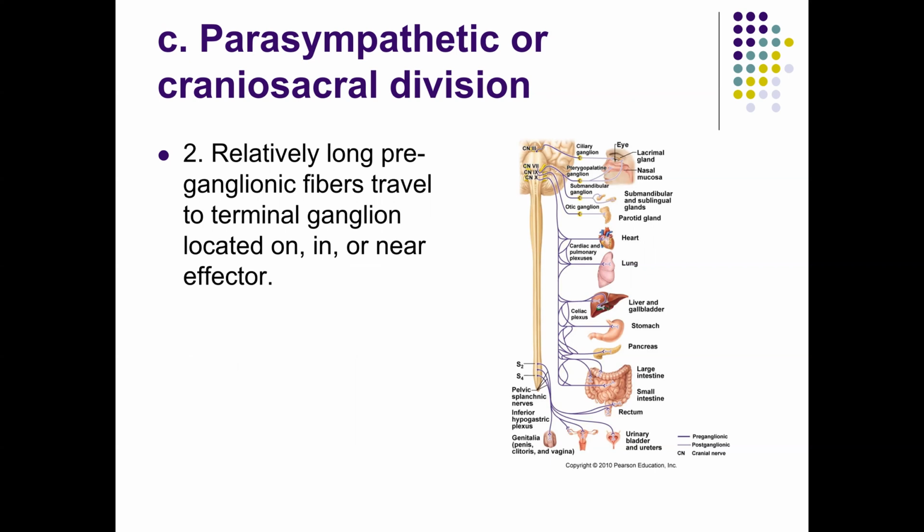Relatively long preganglionic fibers travel to the terminal ganglion, okay, which is located at or near the effector organ. It can actually be on the effector organ.